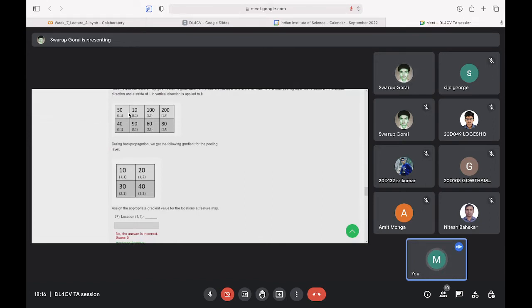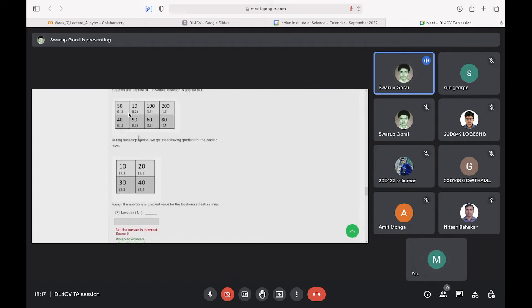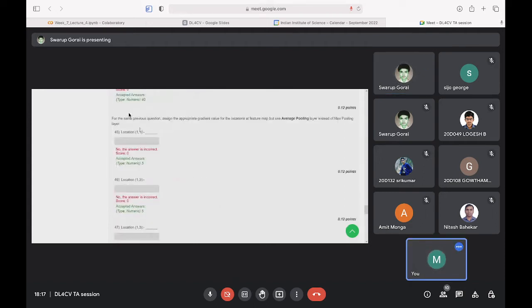The gradient of 10 goes to both locations, 1 1 and 1 2. In average pooling all gradients pass through all the feature locations, whereas in max pool they don't. Similarly 20 goes to both the 100 and 200 locations, and 30 goes to both the 40 and 90 locations, like that.